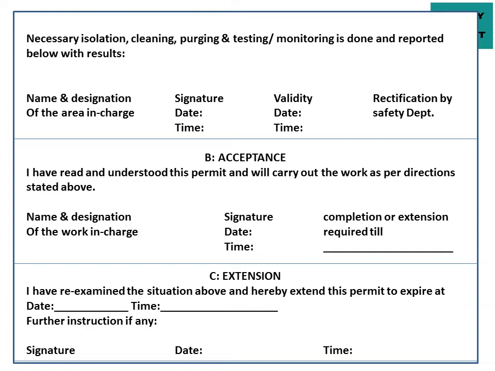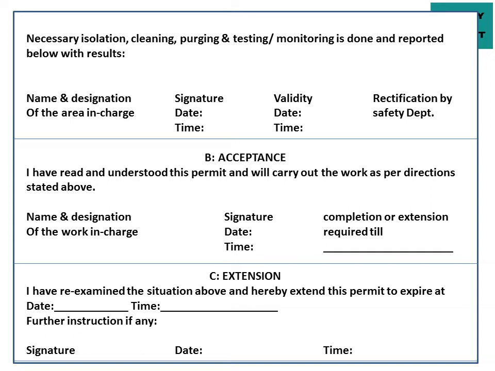His name and designation as work in charge should be mentioned here, with his sign, date and time, and completion or extension required till, up to which time. If an extension is required, that time should be mentioned, or the expected time of completion of that work.